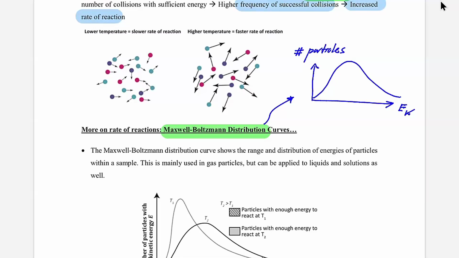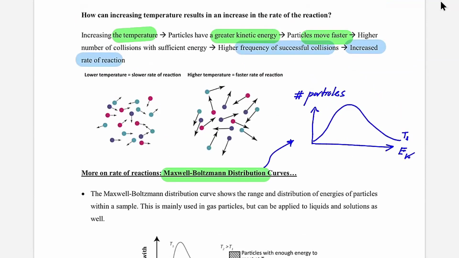Now you have to understand, my friend, right? Look at this. This is T1 temperature. Now that means at T1 temperature, how the particles are behaving, right? For example, you have A plus B goes to C plus D, right?